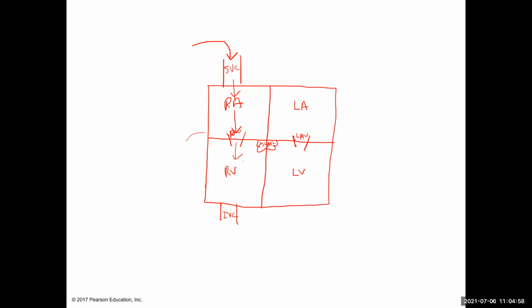Then it will go through the pulmonary semilunar valve, out of the pulmonary trunk. And then remember that splits. And so that will then go to the right pulmonary artery and then the left pulmonary artery. And then that will travel to your lungs.